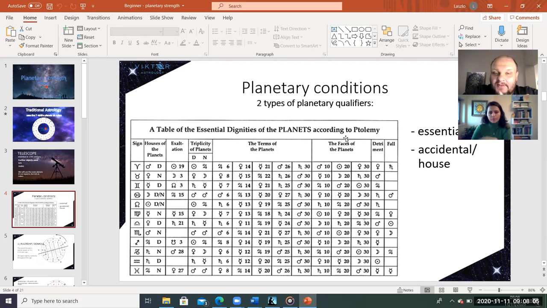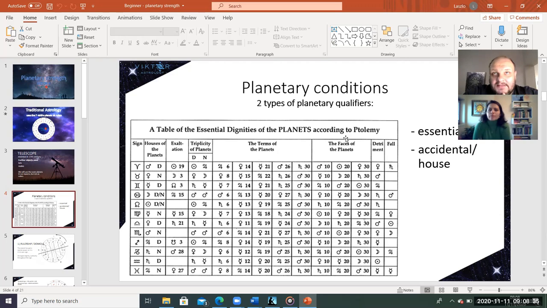So that planet is ultimately responsible for taking the responsibility of that house and sign, and it is trying to bring the best out of it as much as possible. So the more dignity the planet has, the stronger the planet becomes, and it's not necessarily that harmful anymore, even if we talk about Saturn or Mars. Because think about it this way.